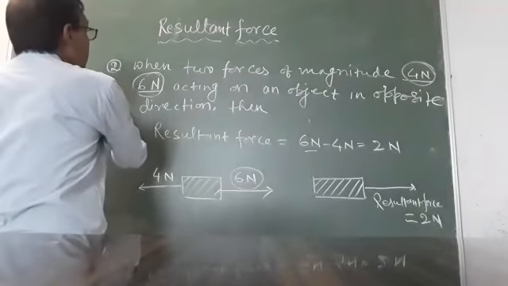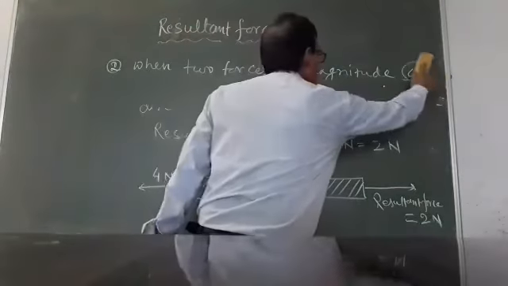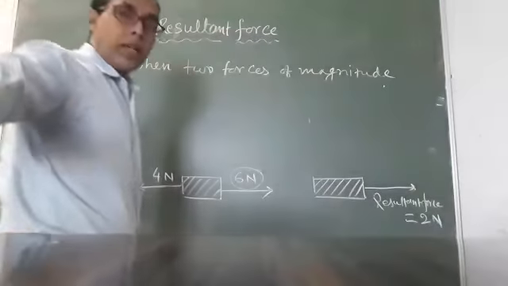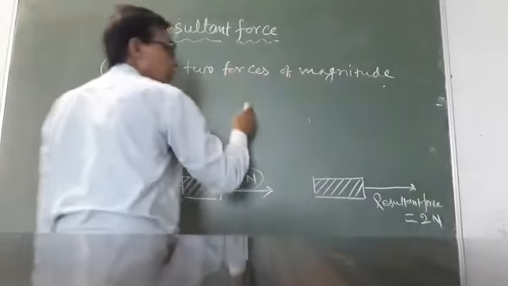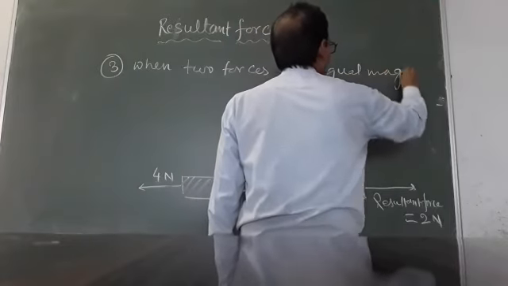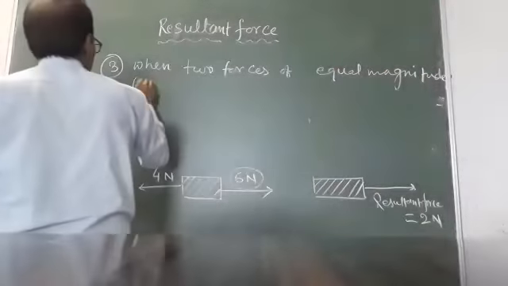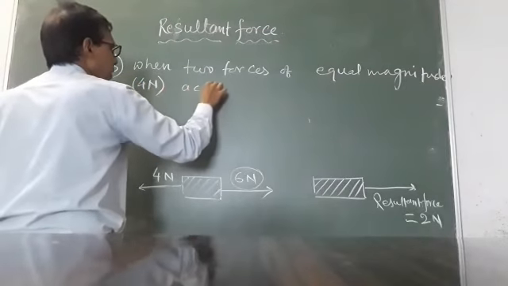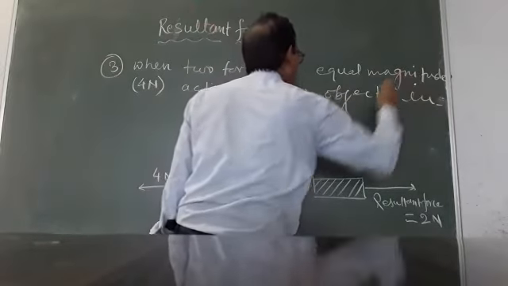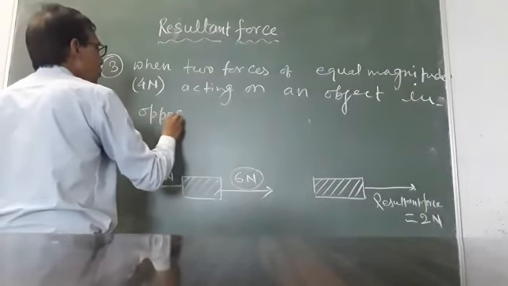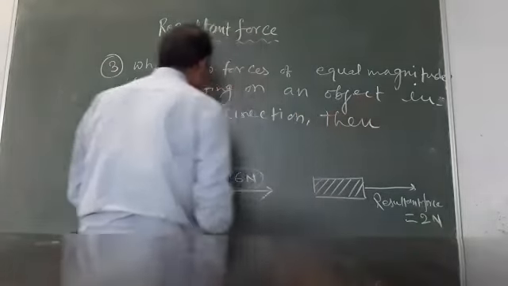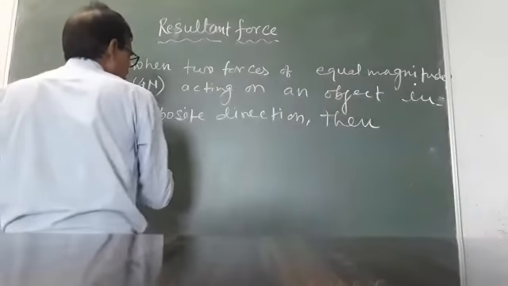Now the third case is when two forces of equal magnitude, suppose 4 Newton, acting on an object in opposite direction, then resultant force.